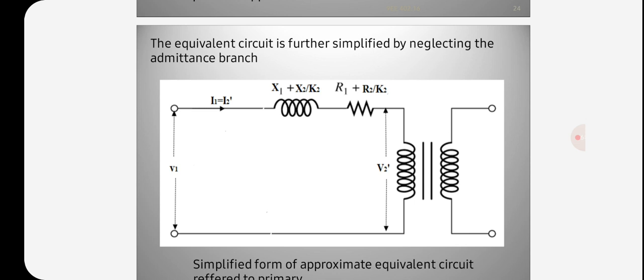The voltage regulation of a transformer on an average is about 4%. In general, percentage regulation, voltage regulation, is the no load secondary terminal voltage minus full load secondary terminal voltage by no load secondary terminal voltage into 100.